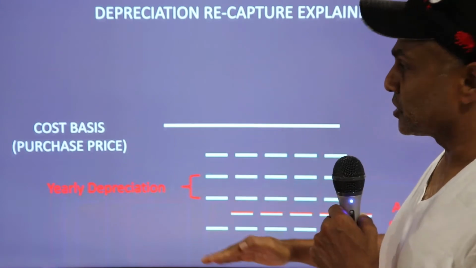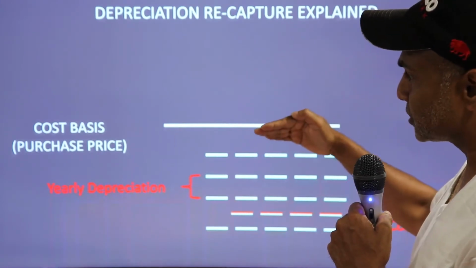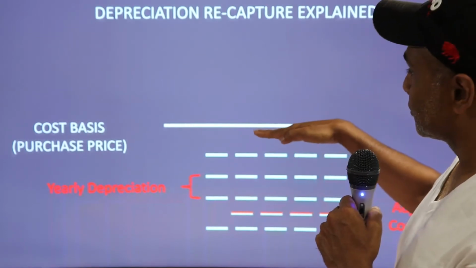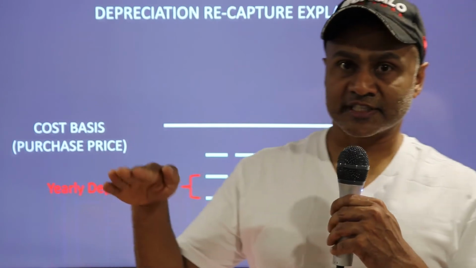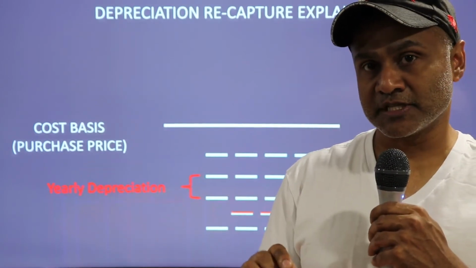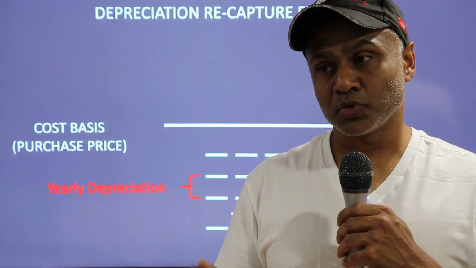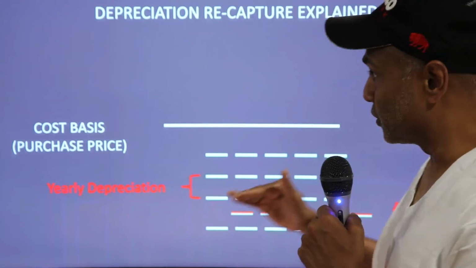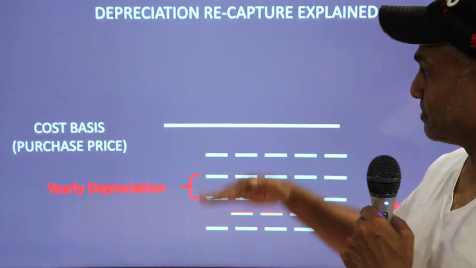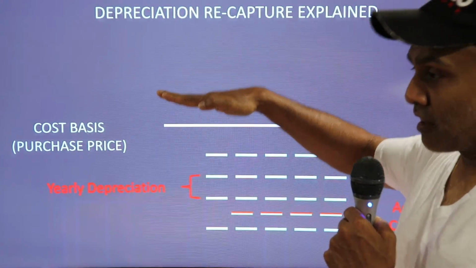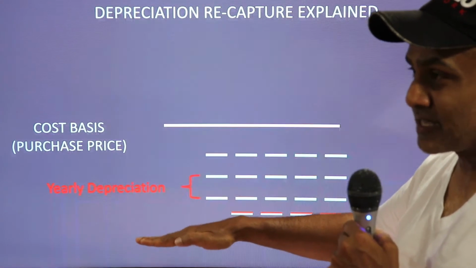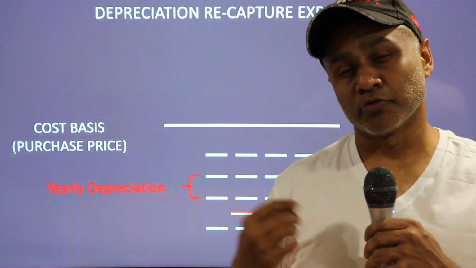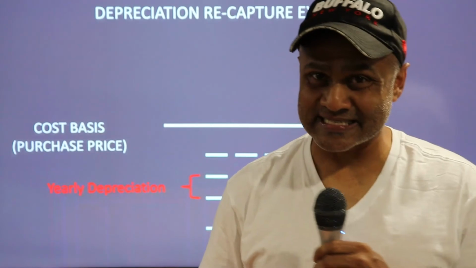So let's assume the cost basis is $100,000. In year one, you took a $3,600 depreciation expense, but at the same time, you had a $10,000 roof replacement. Your cost basis is actually going to be $100,000 less $3,600 for depreciation expense plus $10,000 for your roof expense. So it's super important to understand that.